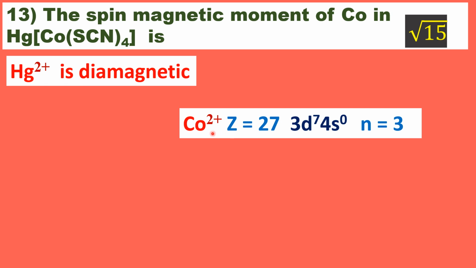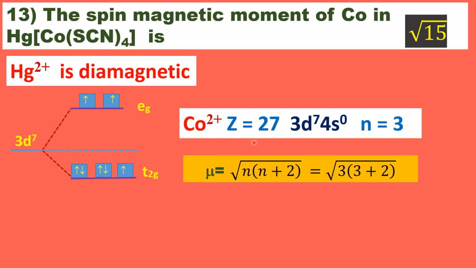What is the atomic number of cobalt? It is 27, so 3d7 4s2. Since it is Co2+, the two 4s electrons are lost. Let us write the electronic configuration. The 7 electrons are accommodated, and there are 3 unpaired electrons. n equals 3.